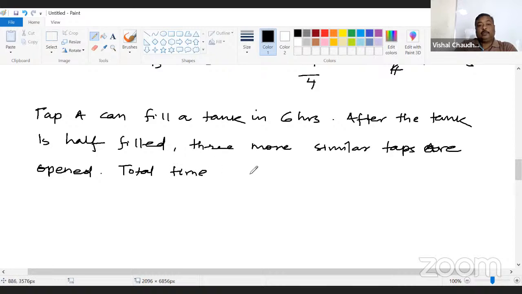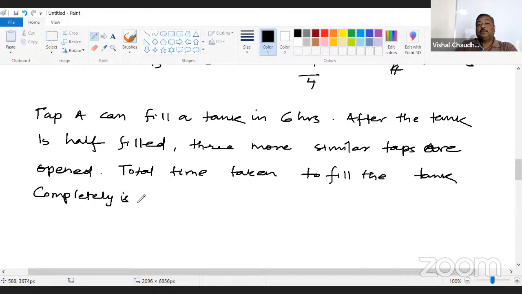Total time taken to fill the tank completely. Okay. Now, can you attempt this question and give me the answer?